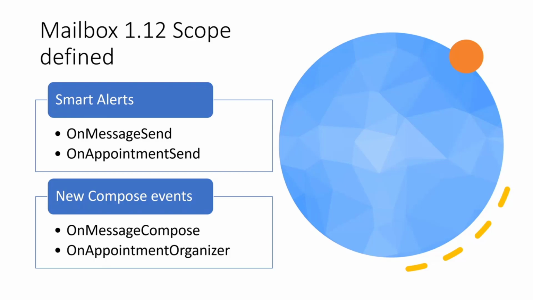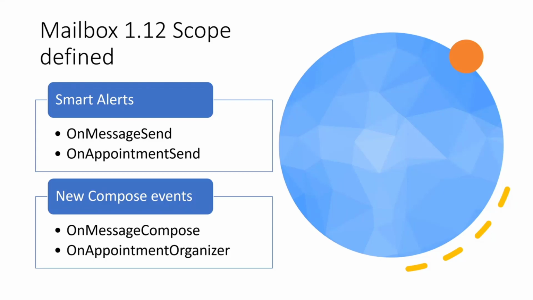We have two new compose events. Back in Mailbox 1.10, we shipped the auto-run events that let you run code when a message is composed. But we shipped then on new message compose and on new appointment organizer. That event was only triggered when you created a brand new email, or when you were replying or forwarding a message.